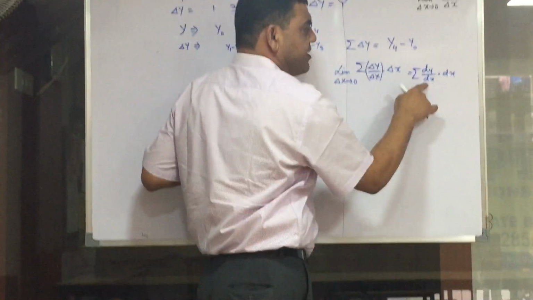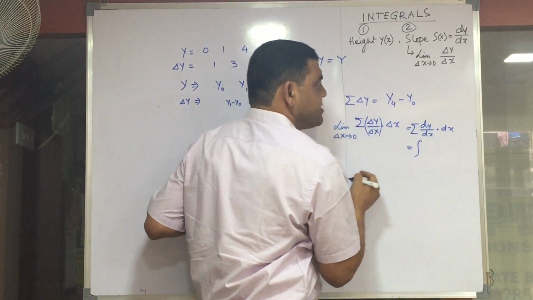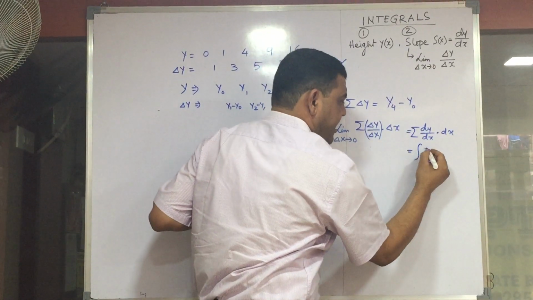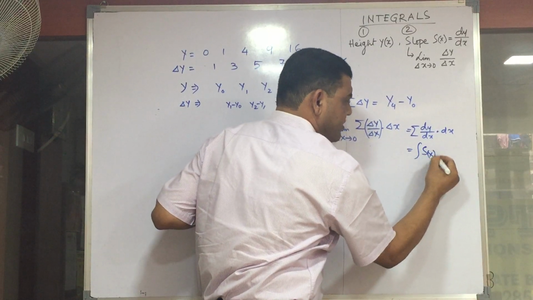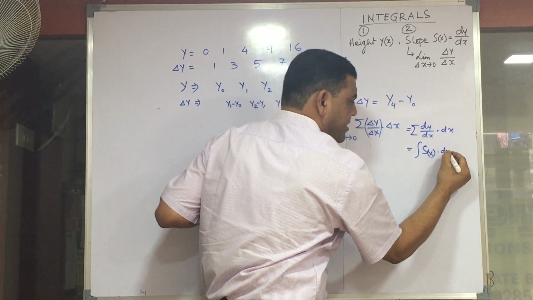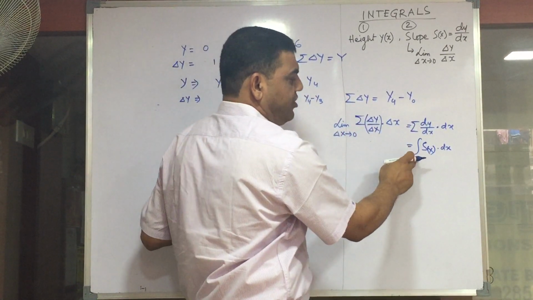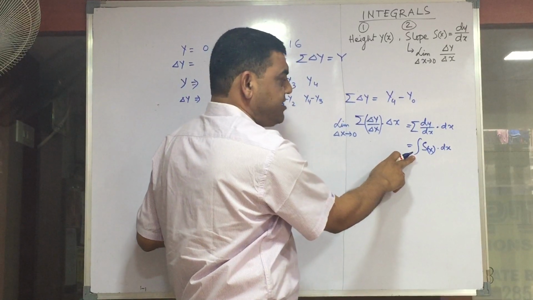And instead of summing up, in calculus we use exactly the same thing, which is the integral sign. The slope function, the second function, multiplied by its width and summed up over all of them. This is the symbol for integration.